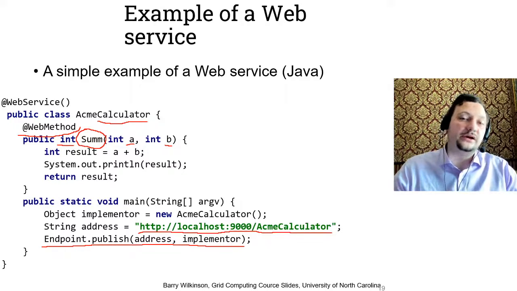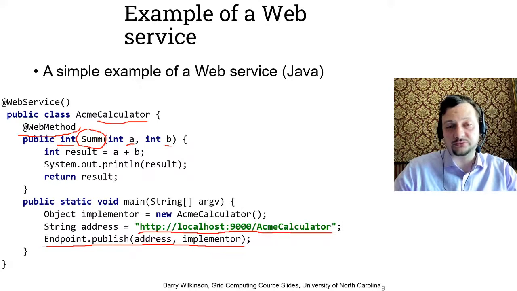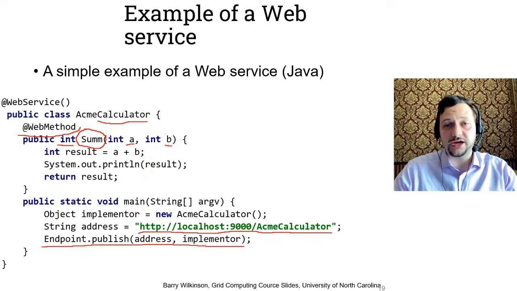I need to highlight that this WSDL document would be created automatically by your integrated development environment, by your IDE, if you create a project with the type of web service or XML web service. You should not write these WSDL documents by hand. They are generated automatically.